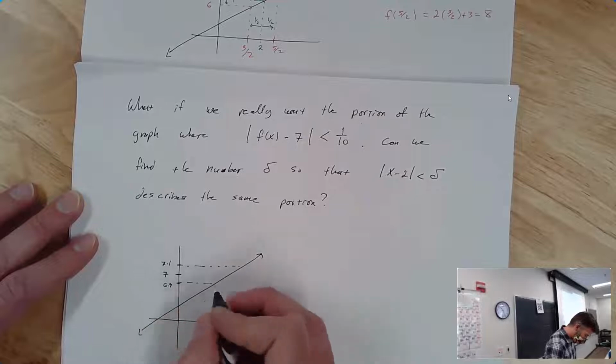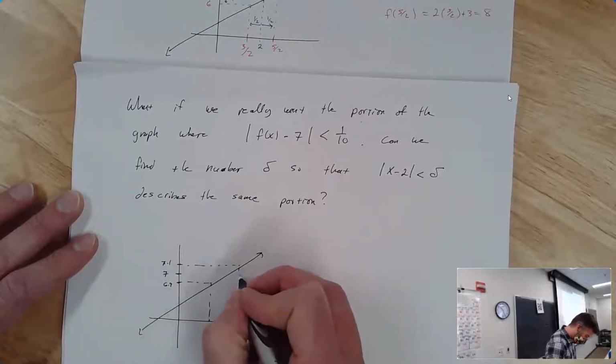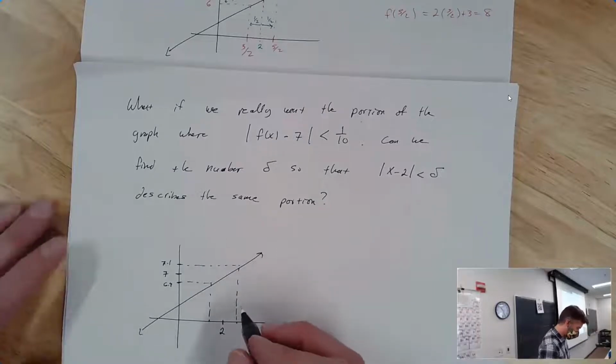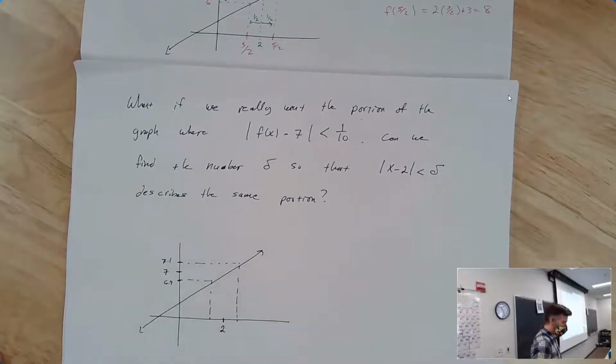And we're trying to find how far left and right of x equal to 2 we can go. Well, if we look back at the previous work, when we wanted to be 1 away from 7, we had to be 1/2 away from 2 for the x values. And the same sort of relationship is going to be true here.